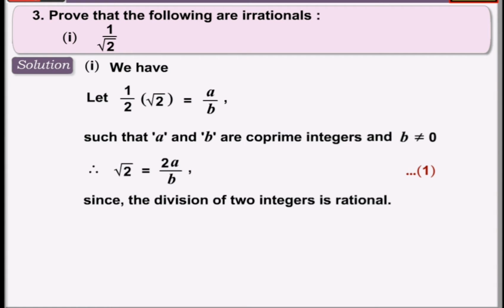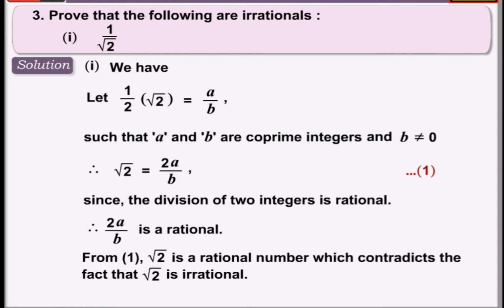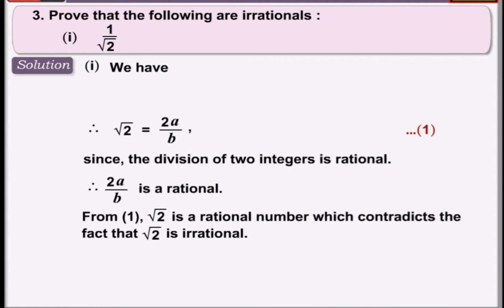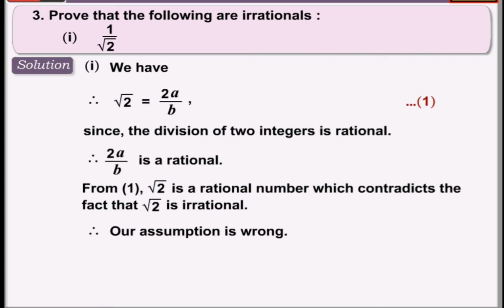Since the division of two integers is rational, therefore 2a upon b is rational. From 1, root 2 is a rational number, which contradicts the fact that root 2 is irrational. Therefore, our assumption is wrong. Thus, 1 upon root 2 is irrational.